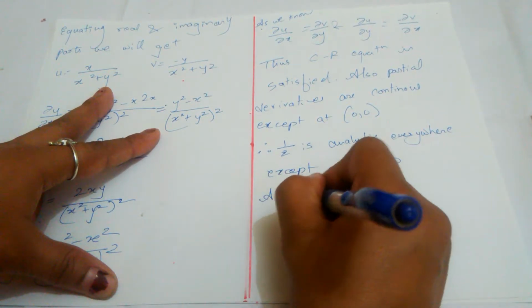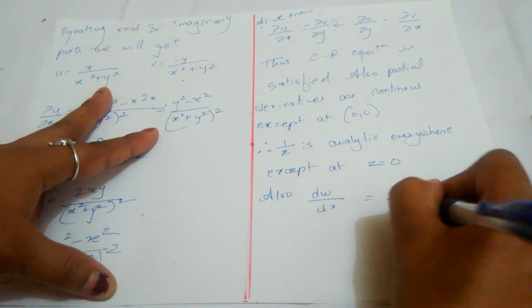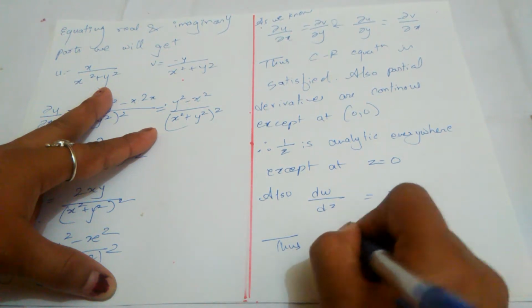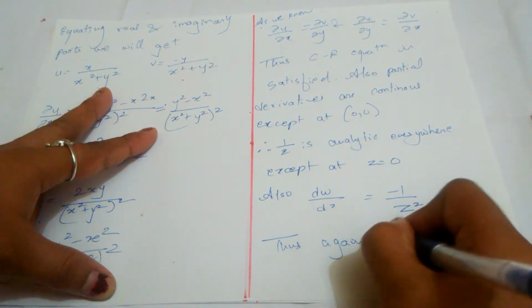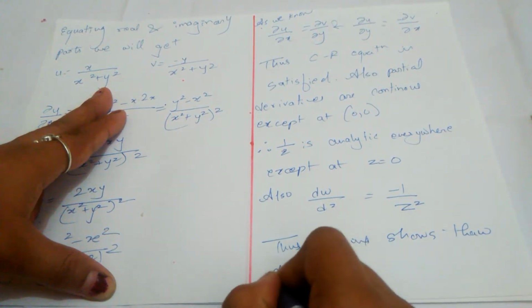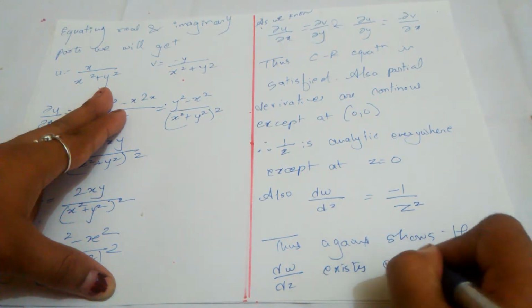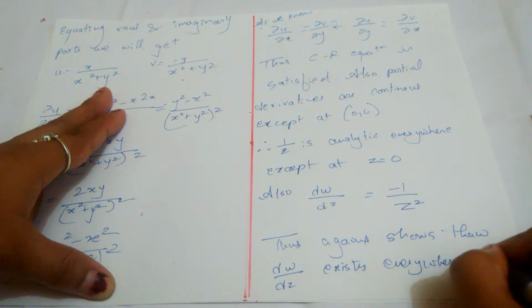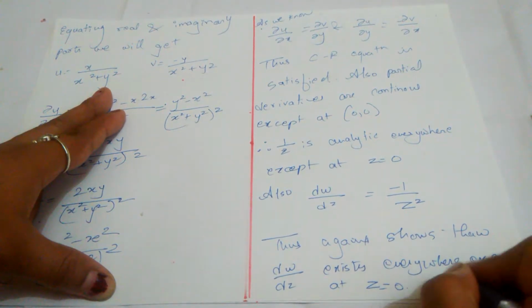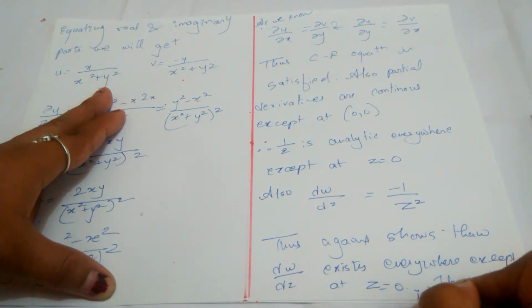Also dw/dz is equal to minus 1/z square. Thus again it shows that dw/dz exists everywhere except at z equal to 0. Hence 1/z is analytic.